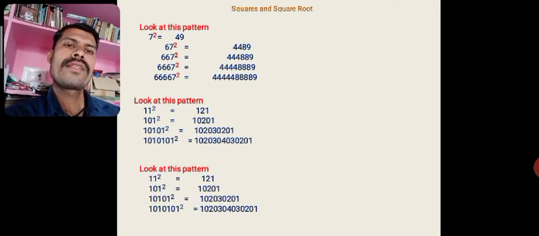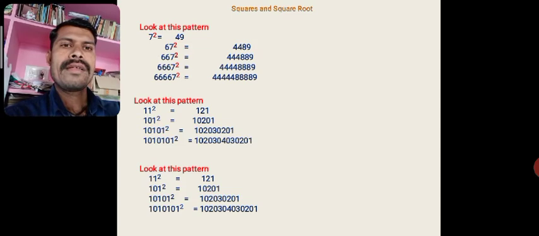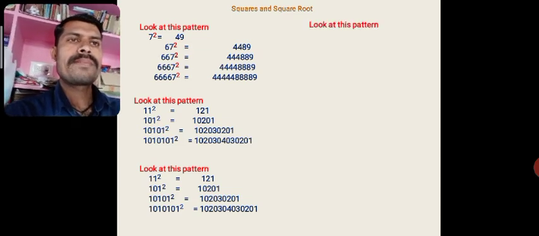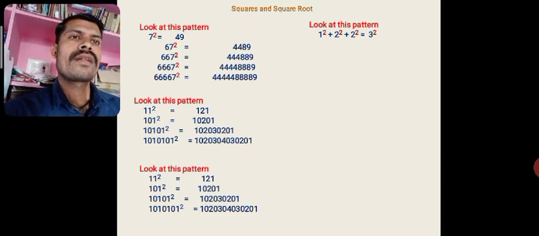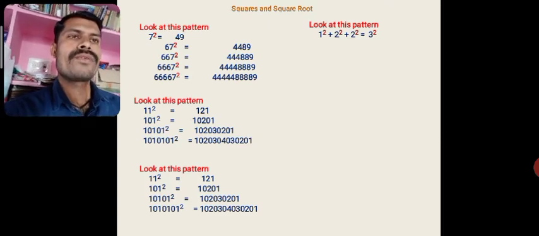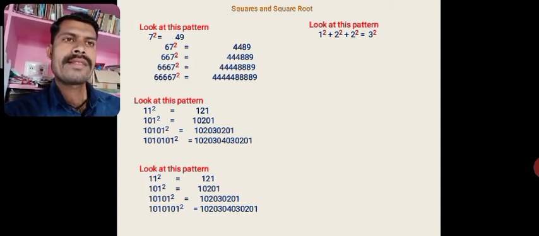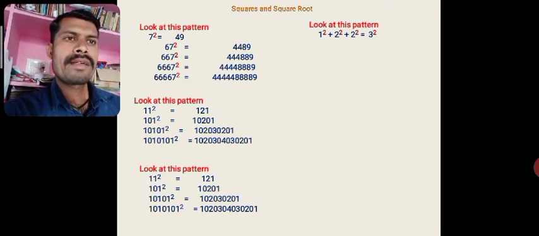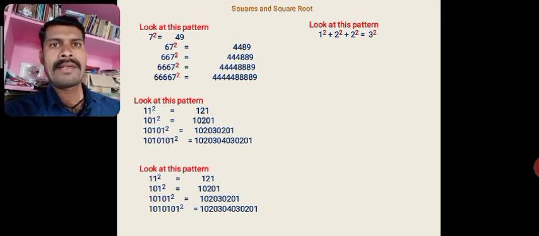Similarly, you look at this pattern. It goes like 1 square plus 2 square plus 2 square is equal to 3 square. So what is the rule behind this? First number is 1, next number is 2, so the product of those two is 2, which is the third number.